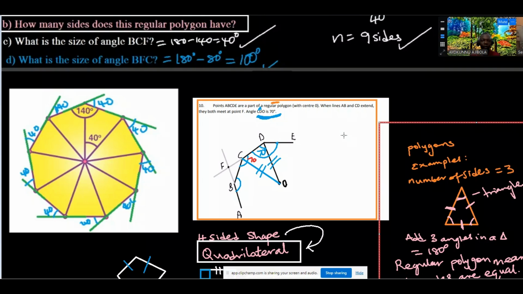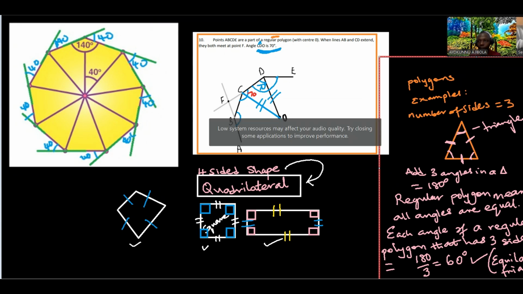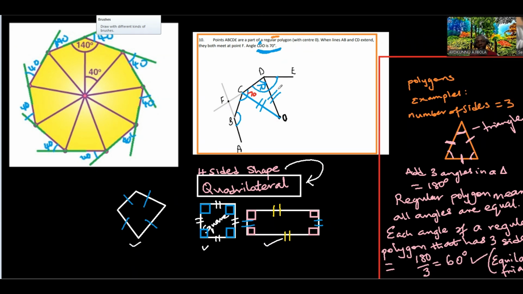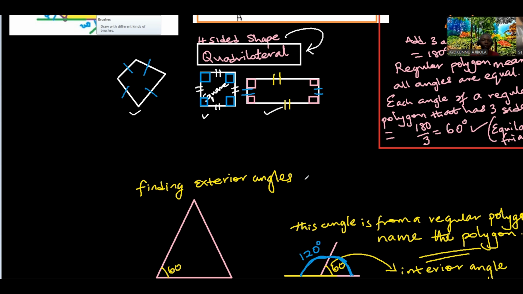Given the fact that we are trying to find the exterior angle, we've been able to locate two of the angles here, but they do not make the interior angle yet, let alone help us find the exterior angle. If you remember, we get the exterior angle of this particular shape by extending one of the lines that form the angle and getting the angle that complements it to make 180.